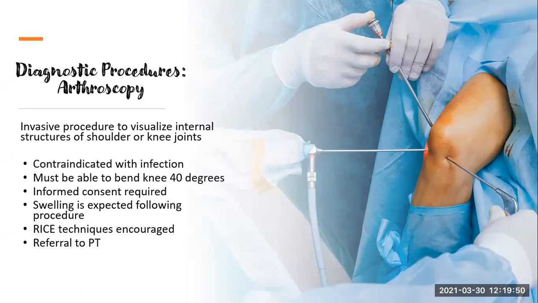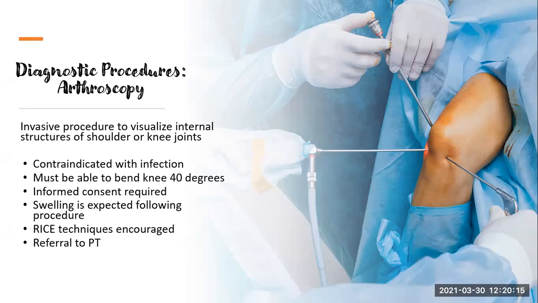Arthroscopy is actually performed in the OR, just like any other laparoscopic procedure, usually under general or heavy sedation. They go in with this scope, just like you see here in the picture, and are able to visualize the internal structures of the joint.